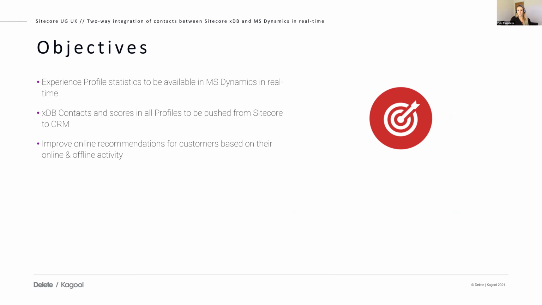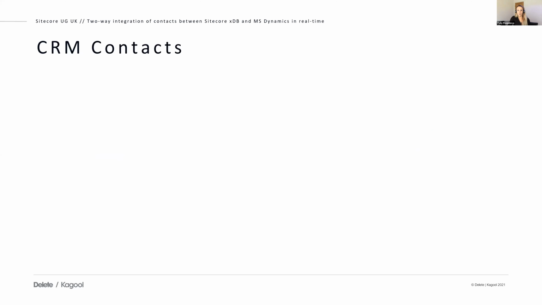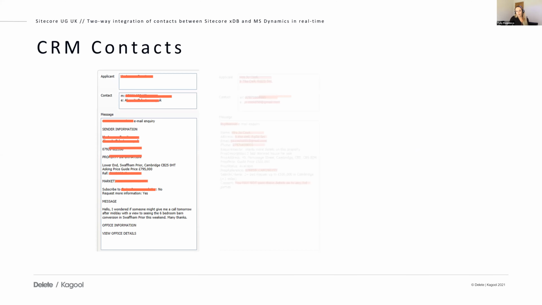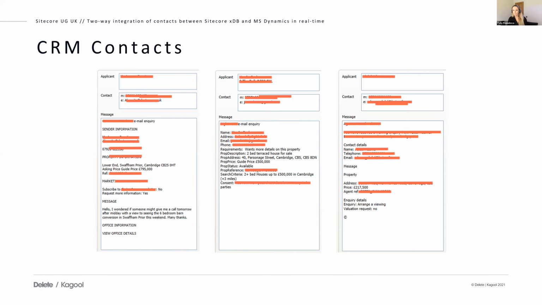So let's take a look at a typical example of data captured offline that can be sat in CRM. Here are a few screenshots of inquiries captured offline by a real estate brand. We all know that users browse large websites in a different way.